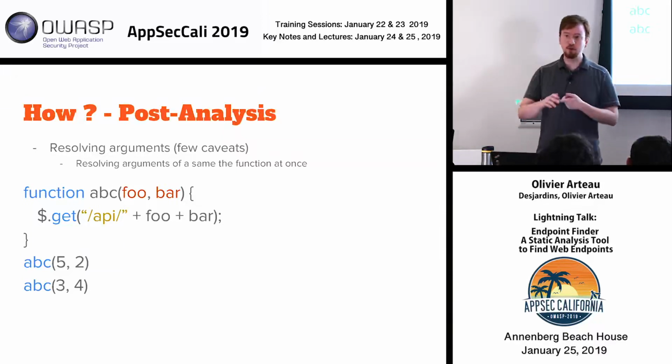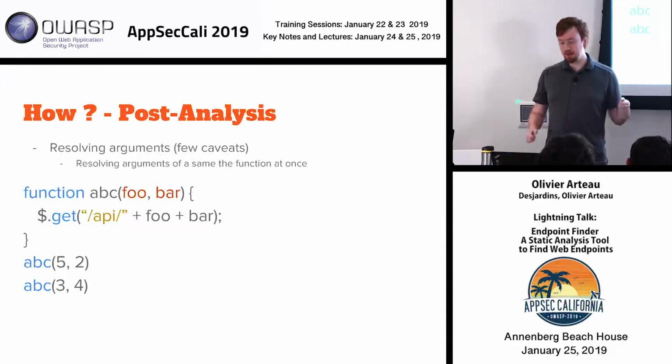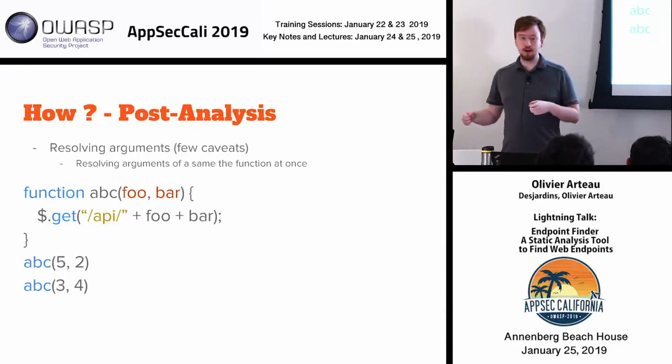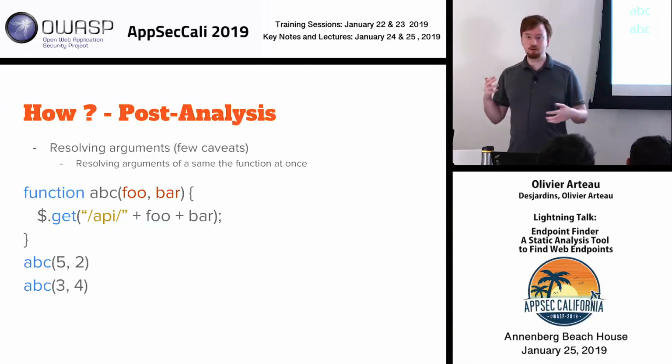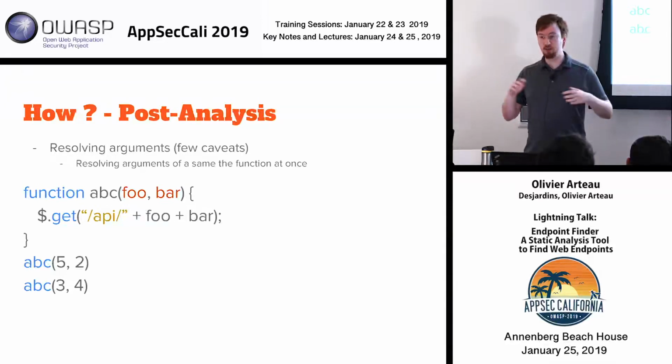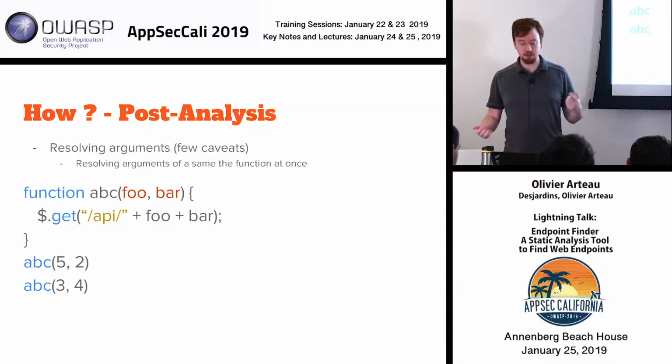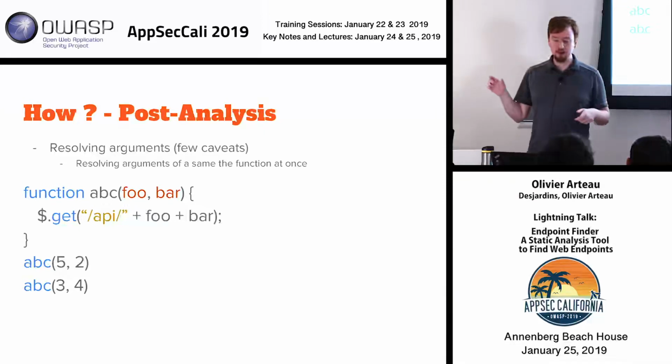It would give us two values, which are 5 and 3, and we separately identify the possible values of bar, which would give us 2 and 4. However, if we do a cross match of those, it would tell us that there are 4 possible values for the URL, which is false because, as we can see in the code, there are only 2 invocations of the function abc. So when we resolve the variables at the same time, it correctly gives us that the only 2 possible values are 5.2 and 3.4.